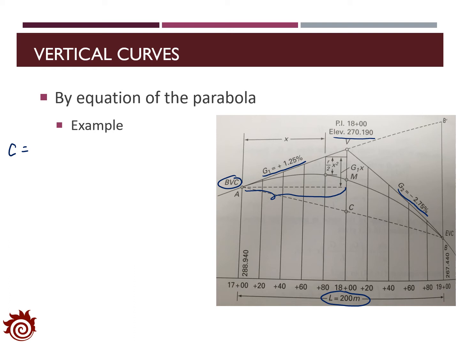So that is the elevation of the vertex minus the slope of the segment times the horizontal distance from A to V. So that is 270.119 minus 0.0125 times 100, which will give us the elevation as 268.940 meters.